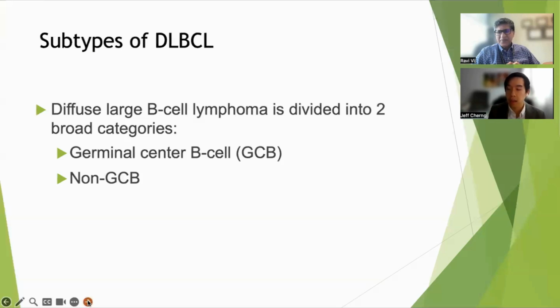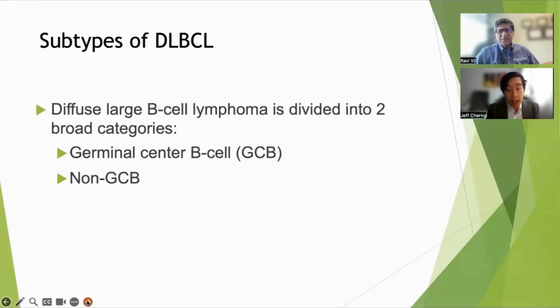We look at expression of CD10, BCL6, and MUM1 that help separate DLBCL into GCB or non-GCB subtypes. This algorithm misclassifies a small fraction of patients, but in general, it's a close enough approximation for our purposes.